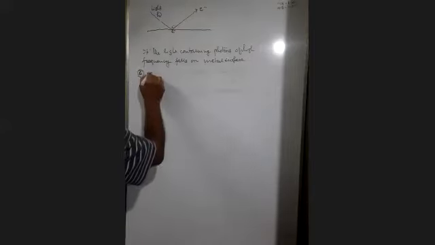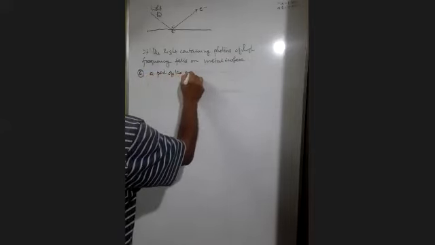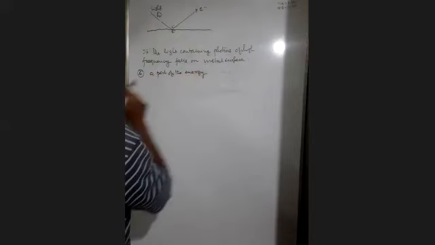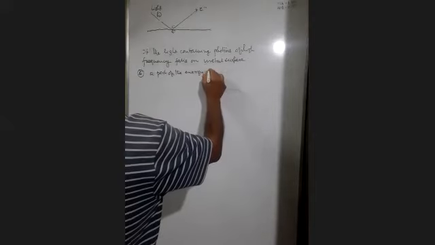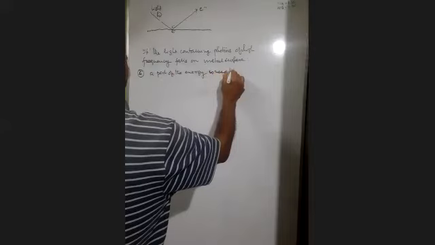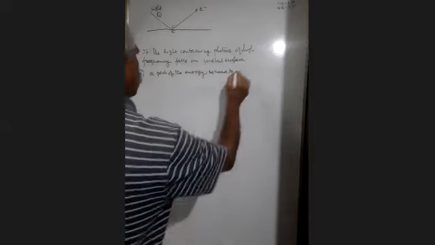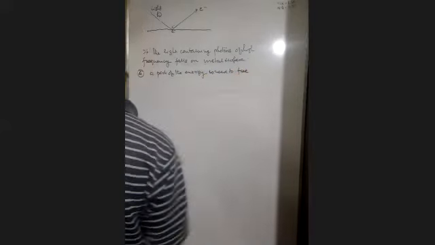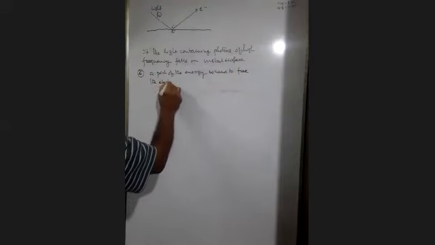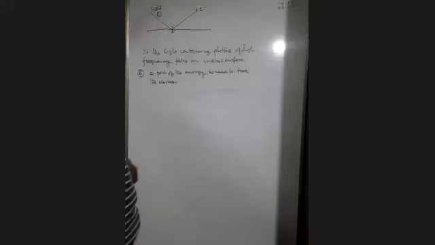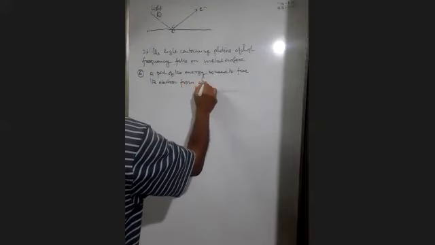A part of the energy is used to free the electron from the atom. It overcomes the attraction of the nucleus.